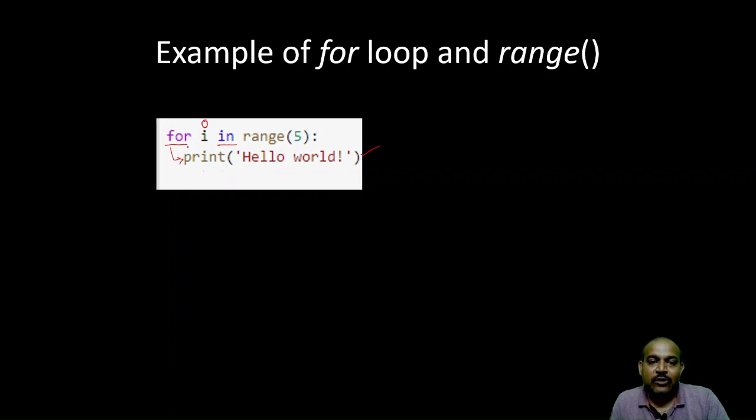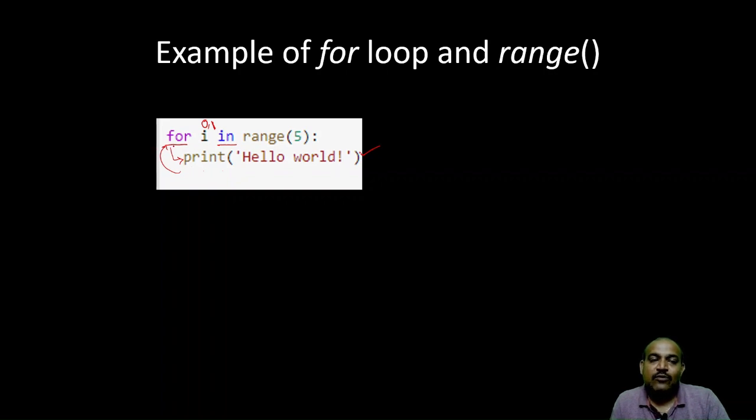After executing all the statements inside this for loop, it goes back to the for loop, where i is automatically incremented and becomes 1. So, i equals 1. Therefore, for 1 in range of 5, yes, 1 is also in the range of 5, so again it will enter the loop and print hello world.